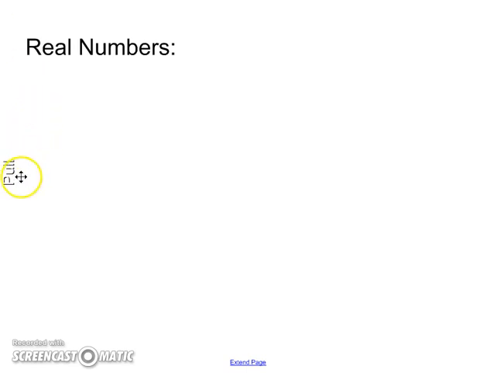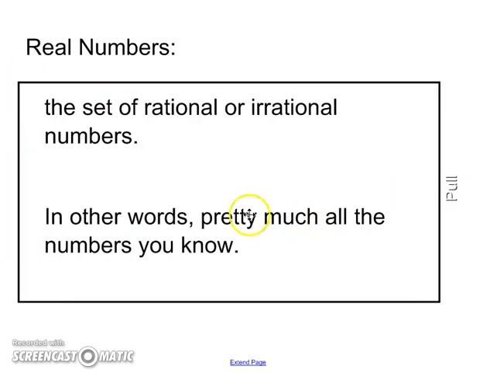So the real numbers. The real numbers, by definition, are the set of rational or irrational numbers. And we will talk here in a second about what rational numbers and irrational numbers are. Basically, this is not a mathematical definition, but pretty much every number that you ever work with is part of the real number set.